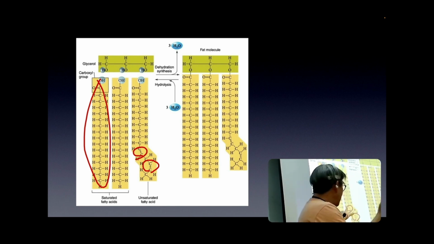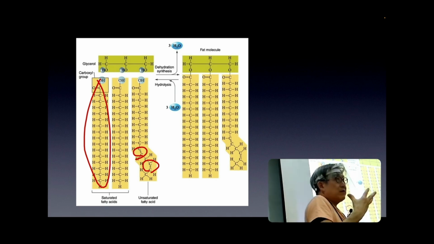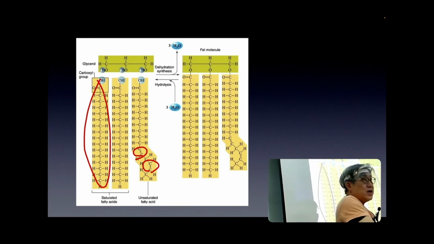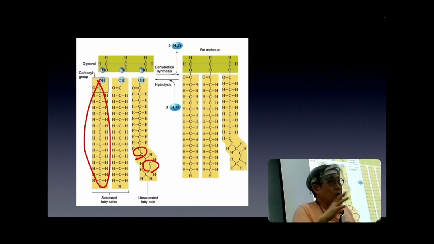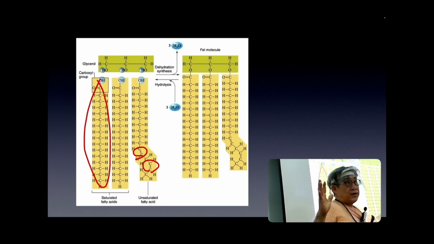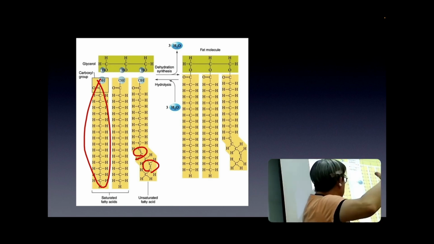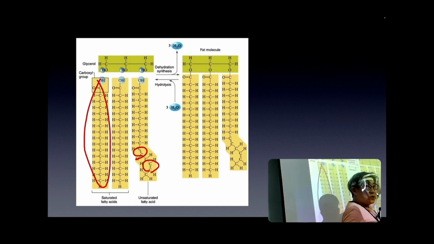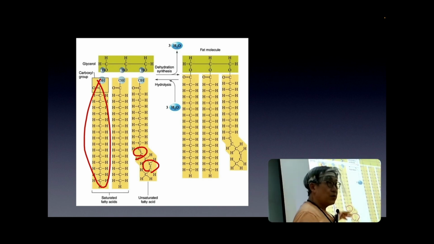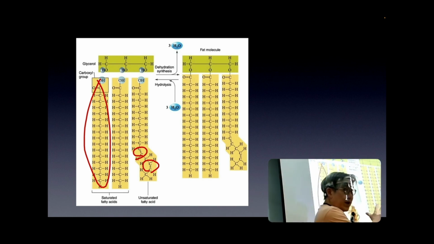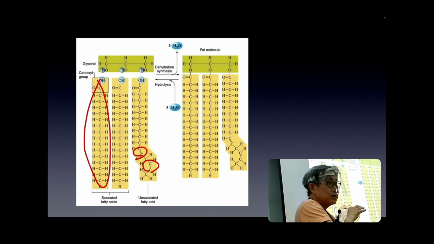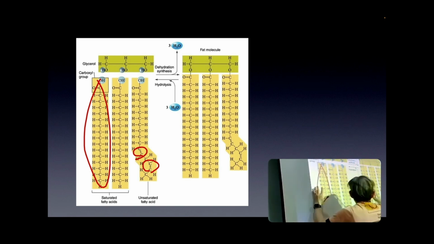Why would having many double bonds give this property of an oily liquid? The answer is space. This widened angle will take up much more space, much more volume for the same weight or same amount of fat.